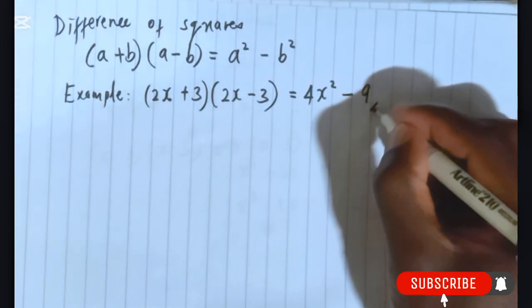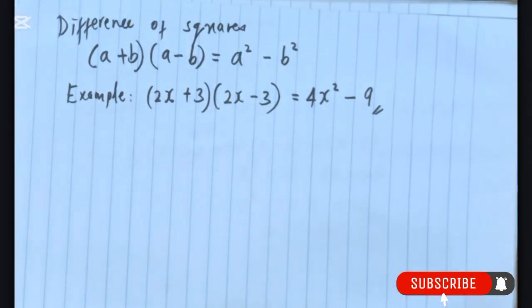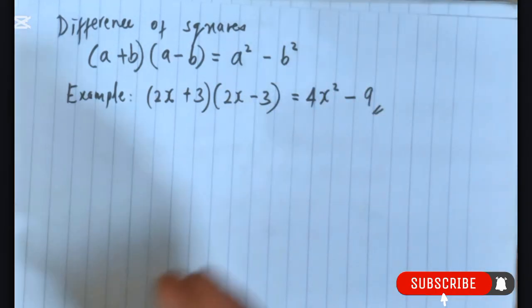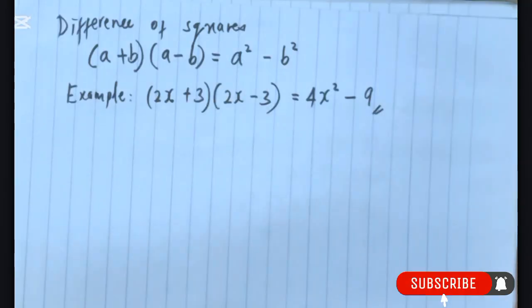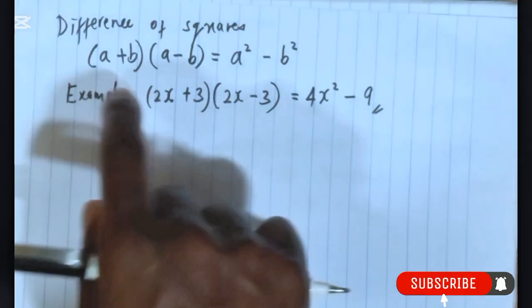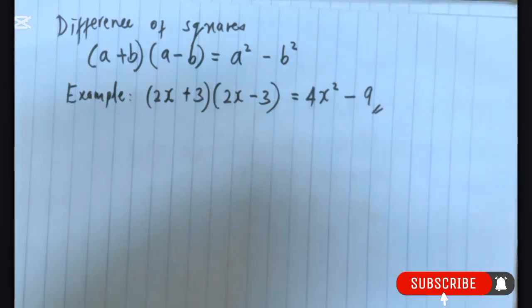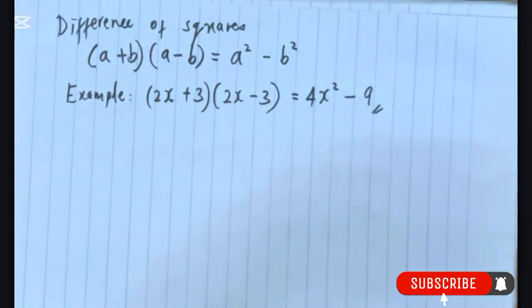This is what we expect to be the final answer. Why don't we do it and see for ourselves? Remember, I derived this answer based on the third rule of quadratic identity, that whenever you have a plus b multiplied by a minus b, the answer will be a squared minus b squared.